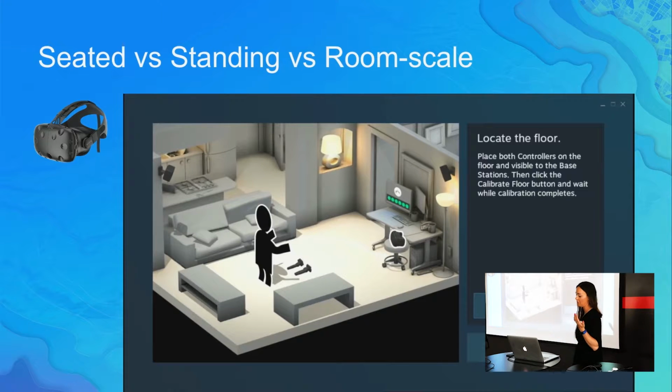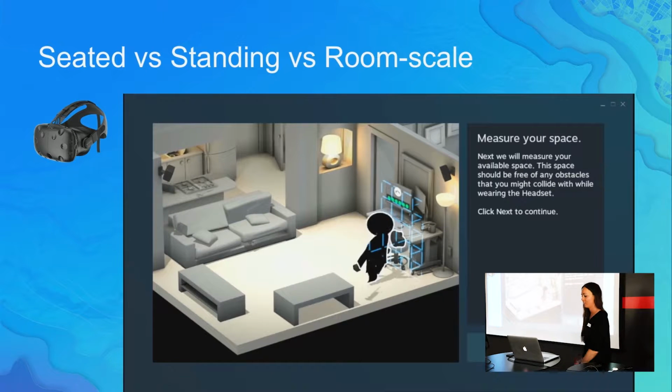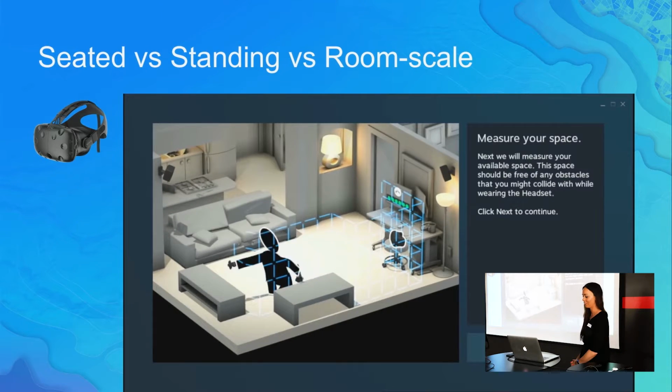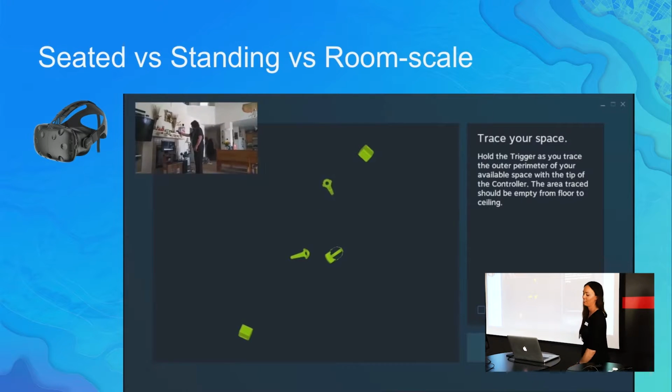And then obviously you need to know where you are, so you need to measure your space. So you walk around, you make sure you avoid all the furniture and every other thing that you have in the house.